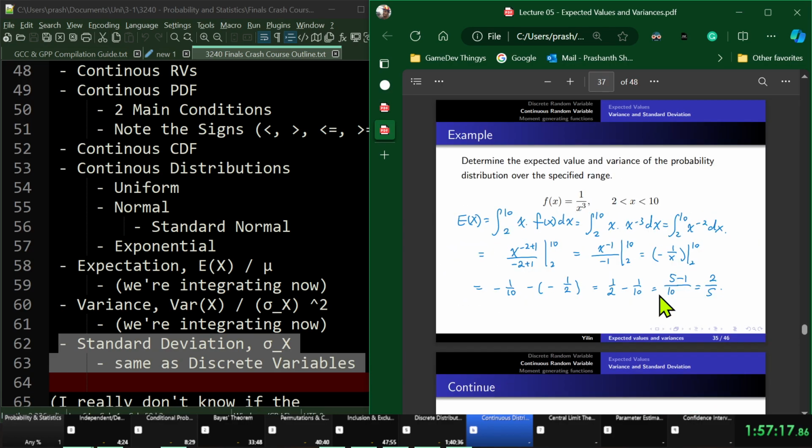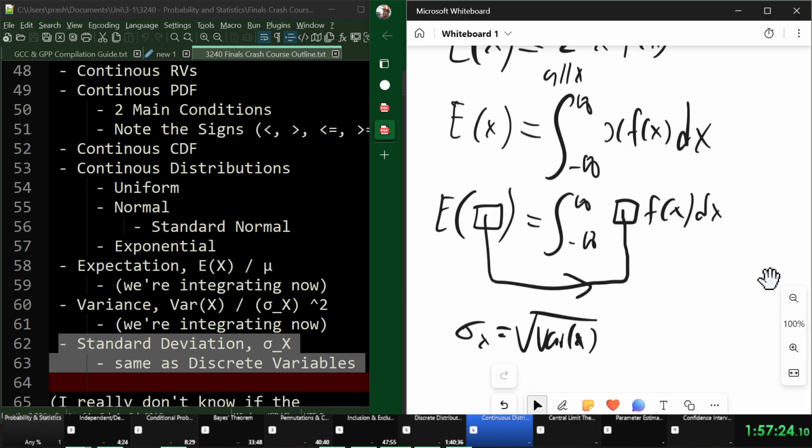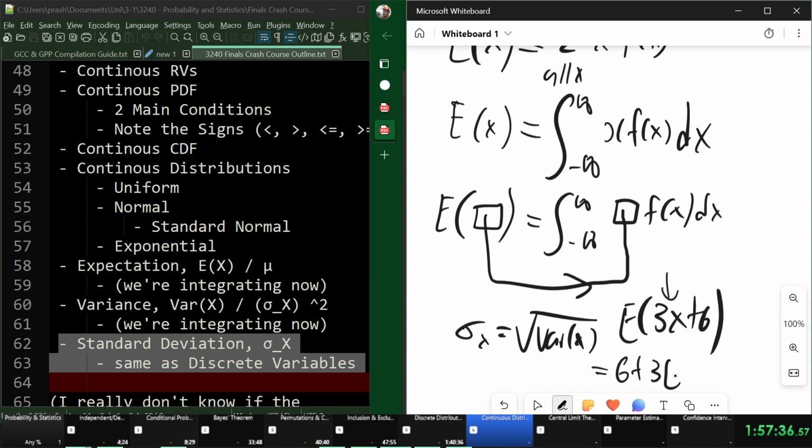Otherwise, the same rules still hold from discrete random variables about how to add, subtract and modify values. Like if we had the same expectation of 3x plus 6 again, even if this x is discrete or continuous, it will still hold the same ideas, and you will still end up with this when simplifying.